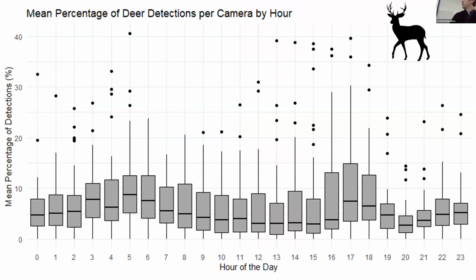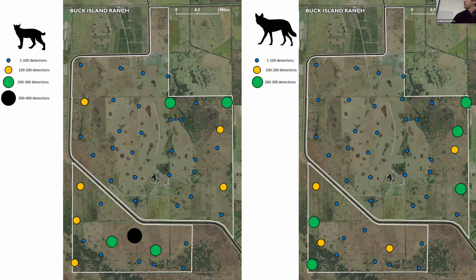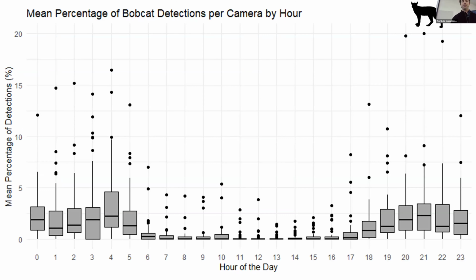These daily periods for deer are kind of spread out, whereas for pigs, you see them mostly active in the nighttime. You can see the two more common mesocarnivores are using really the outside edges of the ranch and the South Marsh, oriented along these main roads.